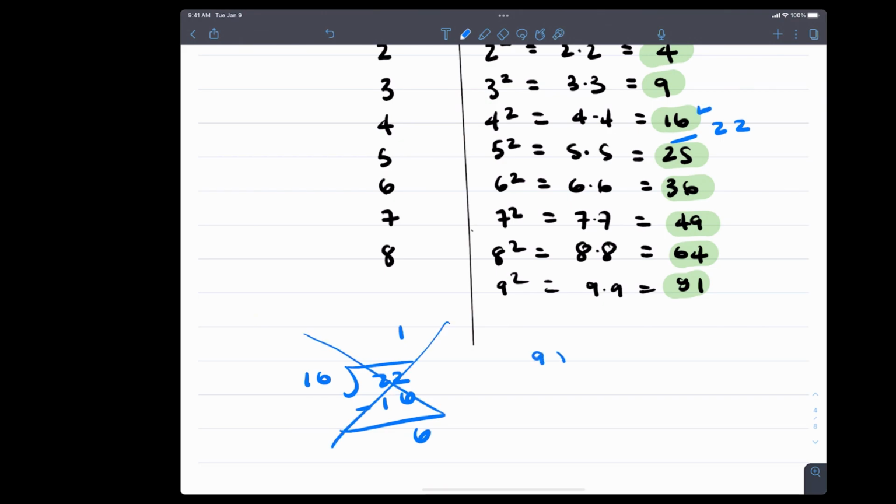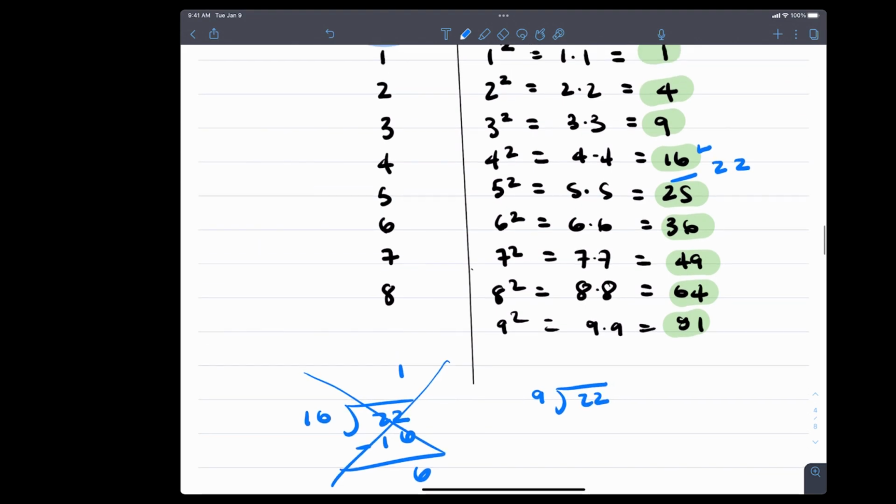Now you're going to check 9. Does 9 go into 22? Twice. 2 times 9 is 18. Remainder is 4. What kind of remainder do you look for? Okay, so this isn't it. Now check 4.